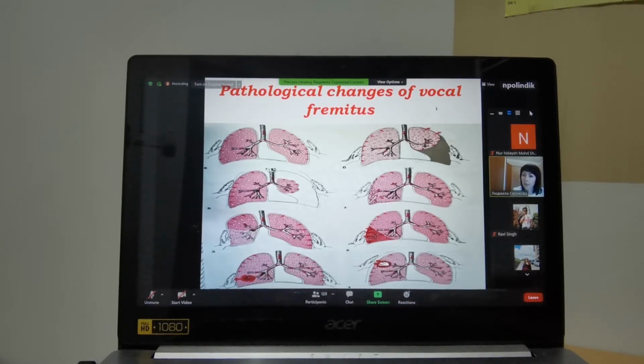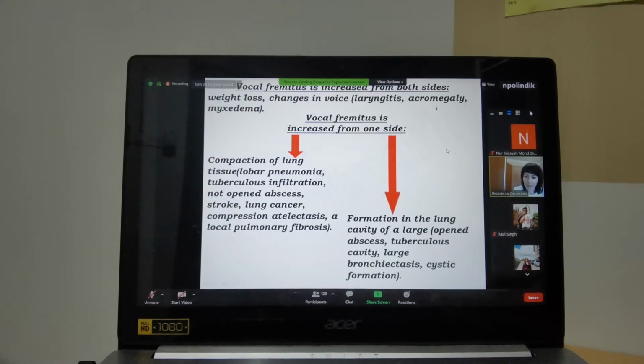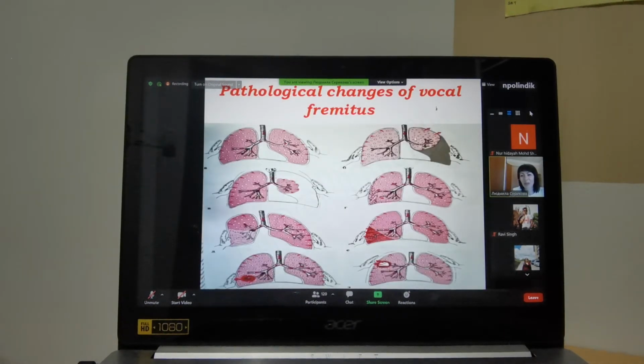In comparison, imagine you place your hand over compressed lung. Compressed lung becomes of more solid consistency, and the patency of the bronchus is preserved. If you place your hand over compressed lung, the vocal fremitus is increased here.